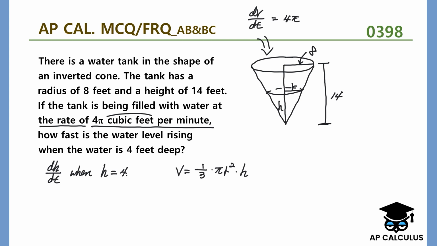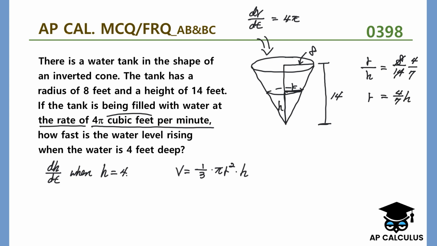Let's write the proportion. Radius over height: r over h is equal to 8 over 14, divisible by 2, so 2 times 4, 2 times 7. So r is equal to 4 over 7 h.